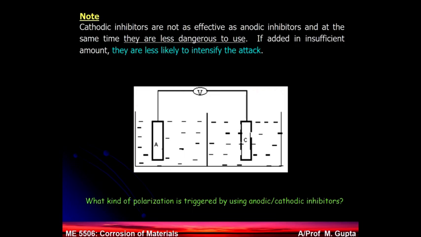So here is the situation. If you use less amount of cathodic inhibitor as a result of human error, then you will have a situation that your cathode is not fully covered by inhibitor, masking is not complete, and you will have an area where the covering is not there. So will it increase the rate of corrosion?